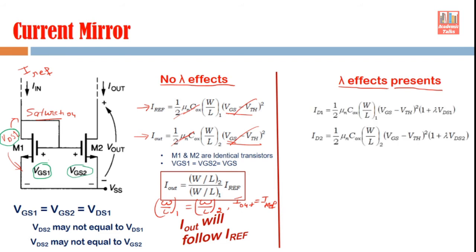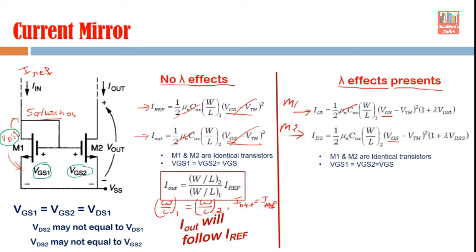So let's first write the equation of current in these two devices. This is the equation of current in M1, ID1, and this is the equation of current in the M2 device, ID2. And here you see VGS is the same, because the gate source voltage is the same for both devices. Now M1 and M2 are identical transistors.